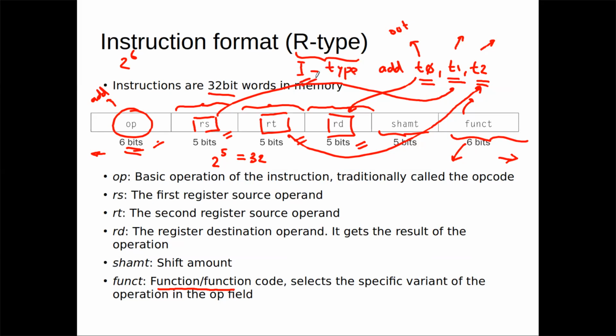I stands for immediate here. So we'll have multiple encodings. I think there are 3 of them: for jumps, R-types, and I-types. So I is immediate, right? But this encoding is convenient for encoding instructions which operate on 2 registers and put the result in a 3rd register, right? It's kind of easy.